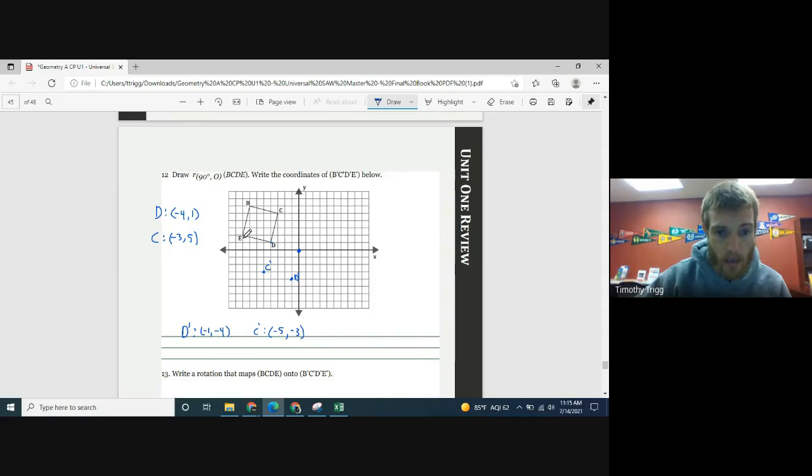Similarly, E prime, when we rotate it, is going to be at -2, -8. So let's go ahead and graph that. -2, -1, 2, 3, 4, 5, 6, 7, 8. So this is where E prime ends up.